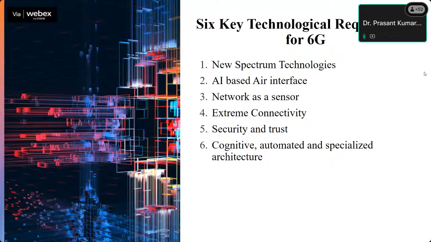That is the other requirement. And in 6G, the network itself has to act as a sensor. That is the other requirement out of a 6G deployment. And the connectivity should be extreme connectivity.